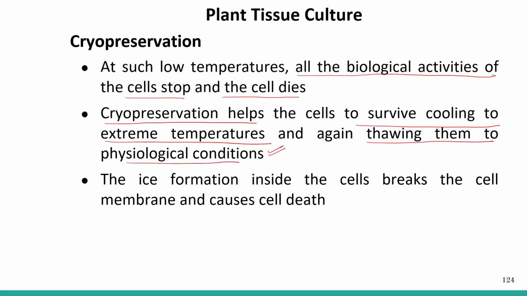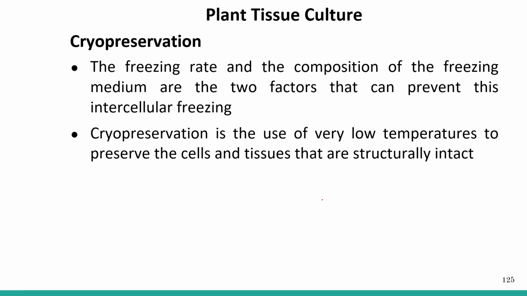So, in the process of cryopreservation, when the extreme temperatures are removed, the cells can get back to the normal physiological condition. The ice formation inside the cell breaks the cell membrane and causes cell death. The freezing rate and the composition of the freezing medium are the two factors that can prevent this intracellular freezing.